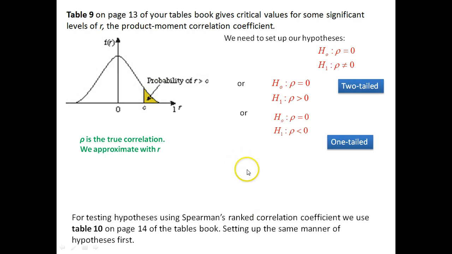For testing hypotheses using Spearman's rank correlation coefficient, we use table 10 on page 14 of the tables book, setting up the hypotheses in the same manner first.